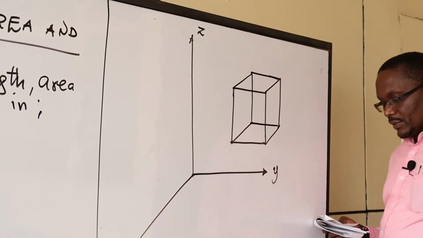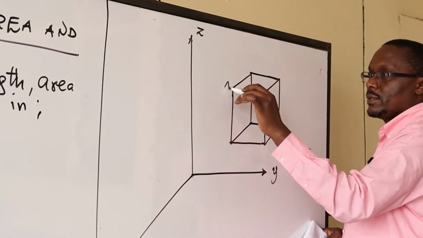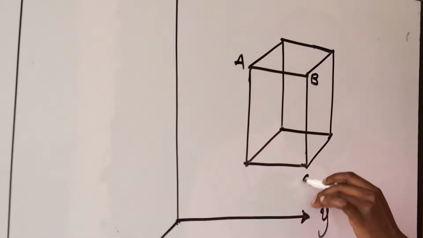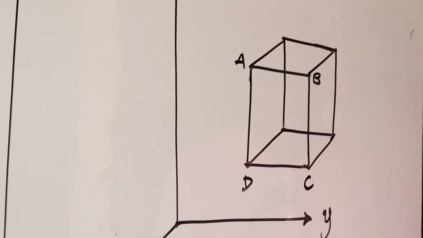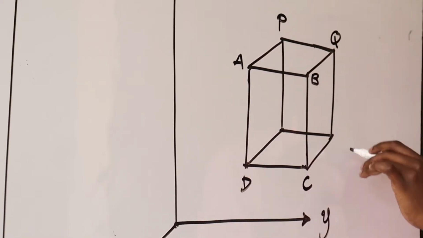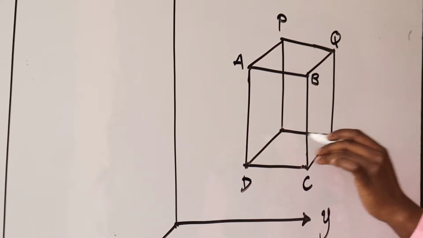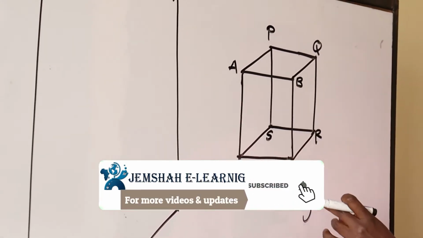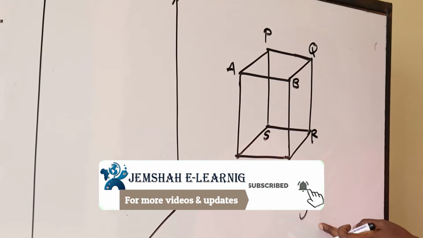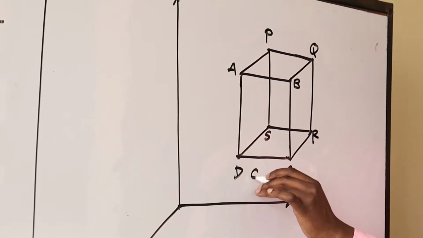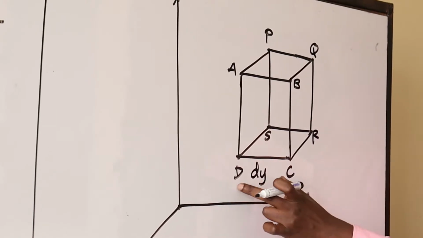We have that, and then we can name our points A, B, C, D, and the back points P, Q, R, and S. The length along the y-axis will be named dy. It is a small differential length.